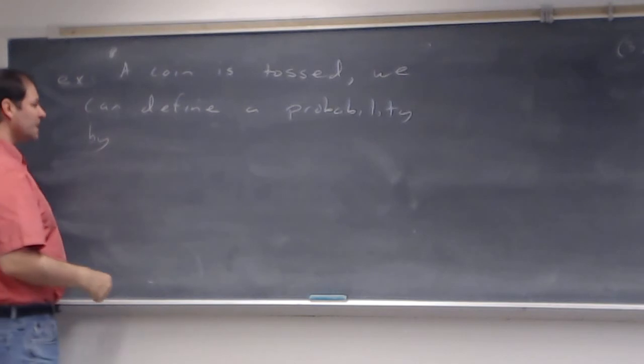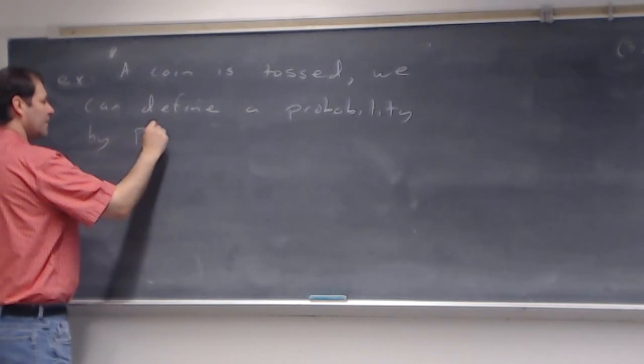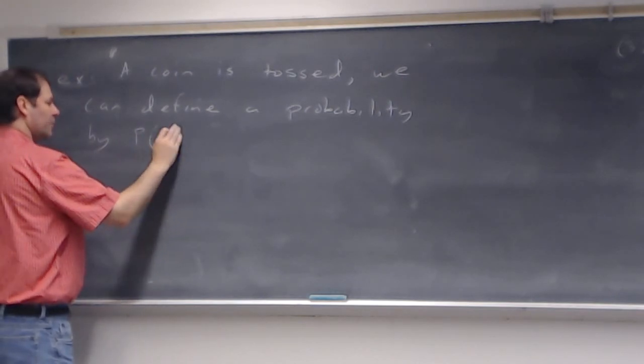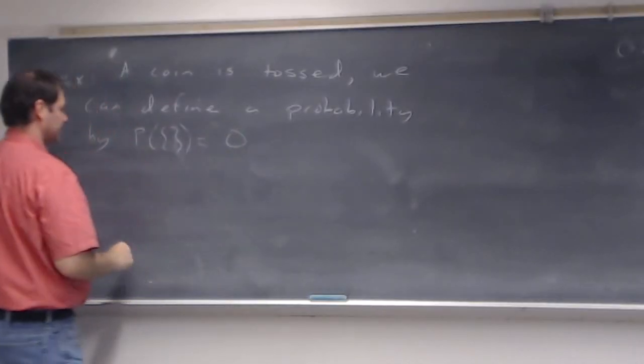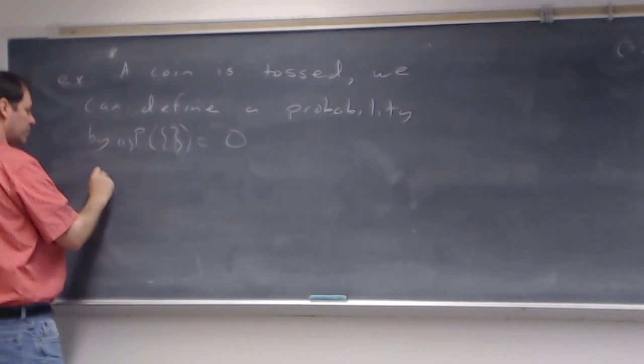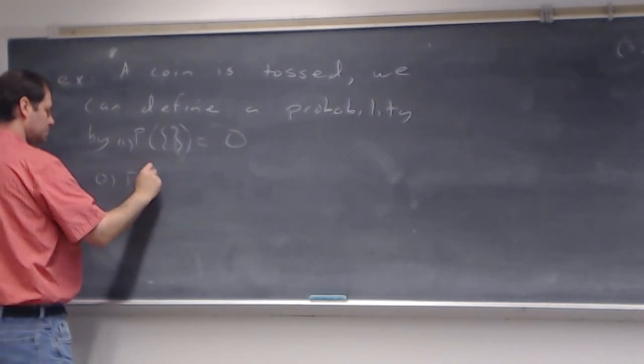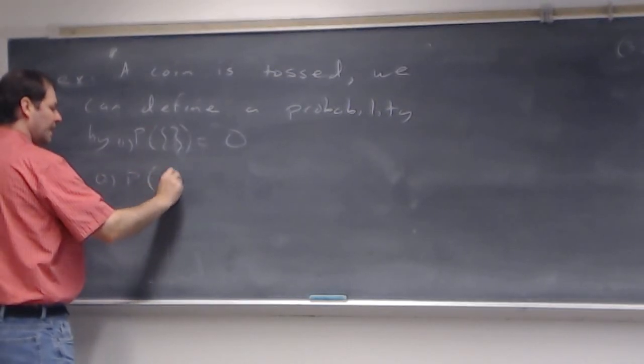And so the subsets of those, first of all, the empty set is a subset. And the probability of the empty set, it's going to turn out that that's always 0. And then you could have the probability of just getting the heads.